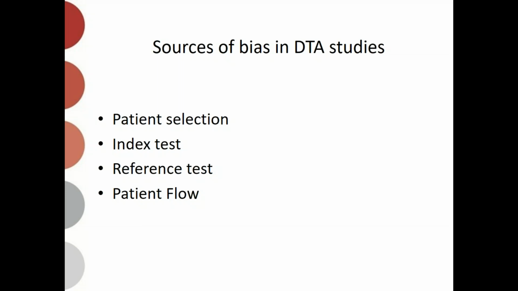In that particular example, bias will be introduced in the patient selection domain, because you have started from a clinical sample where you're likely to have a sample that is predominantly positive.